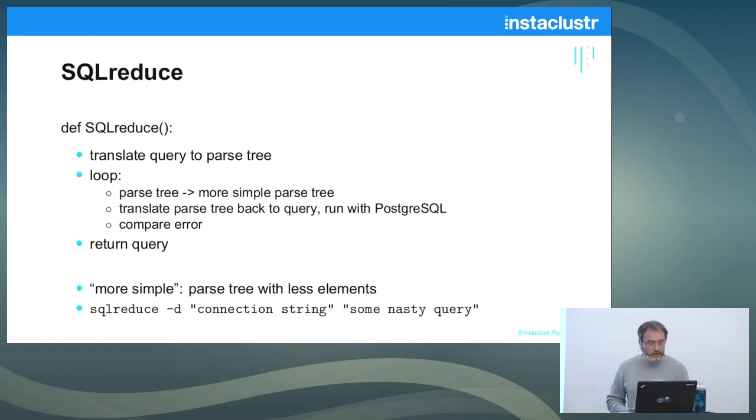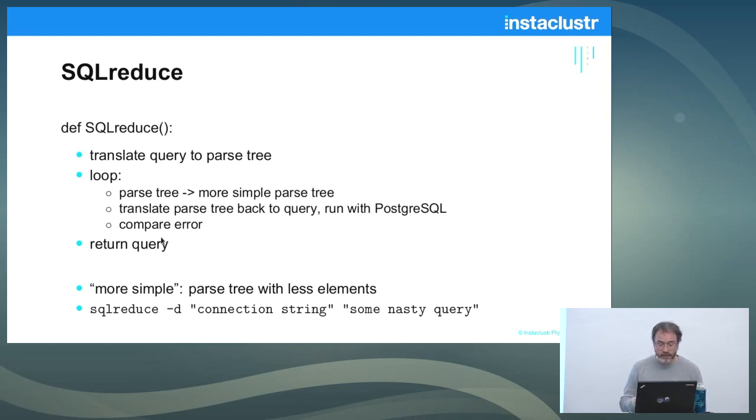So what SQLreduce basically does is it takes the input query and translates it to a parse tree. Then it enters a loop. It replaces the parse tree by a more simple parse tree, translates that parse tree back to a query, runs that query with a Postgres server, and just compares the error message it got with the original.